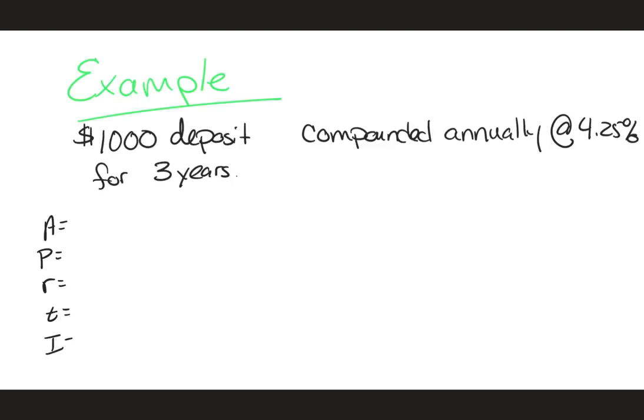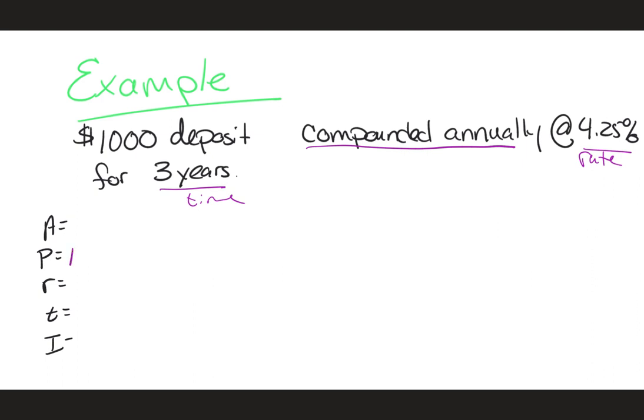Here is an example. I have a $1,000 deposit compounded annually, so it tells me what formula to use, at 4.25%, so that's going to be my rate, for 3 years, which is my time. So let's figure this out.